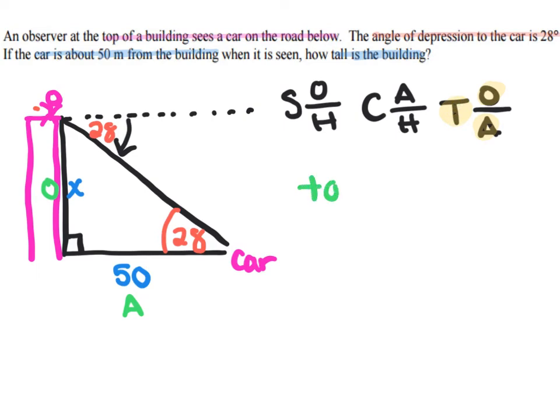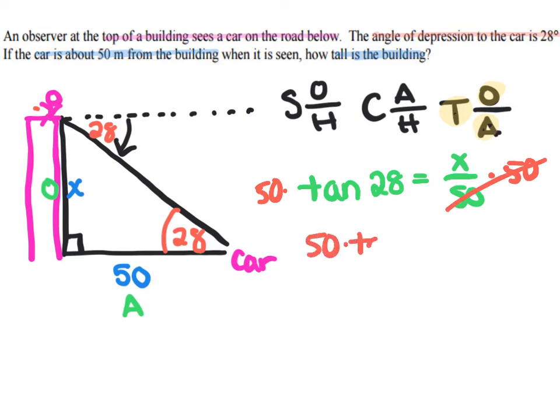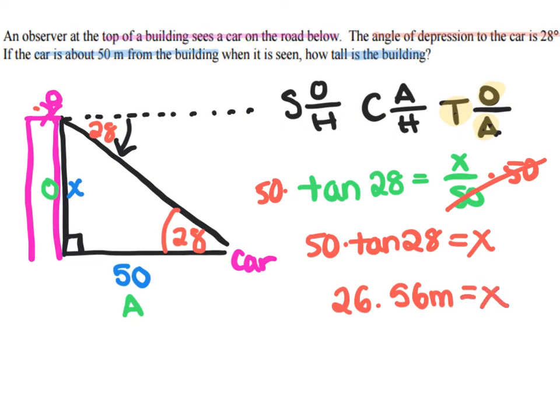So you could say that tangent of 28 equals x over 50. Now to solve this problem, you would have to multiply both sides by 50. So it cancels. So it's 50 times tangent of 28 equals x. And you plug that into your calculator, it gives you 26.56 meters equals x.